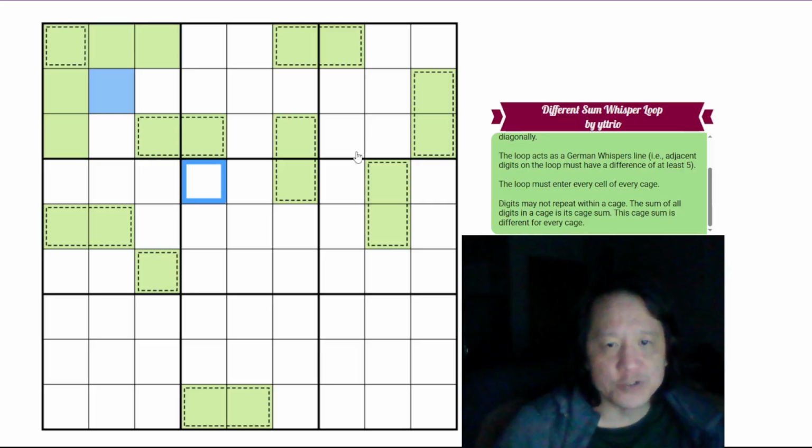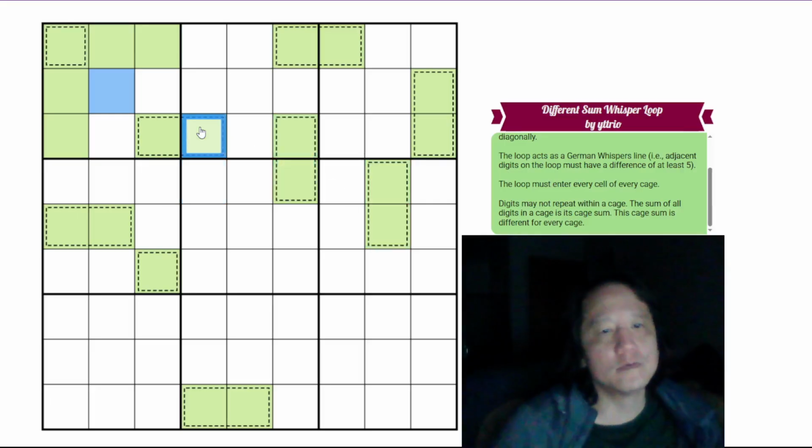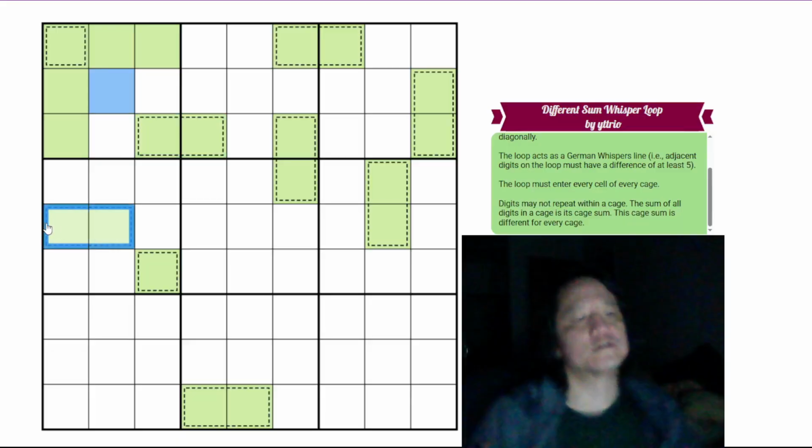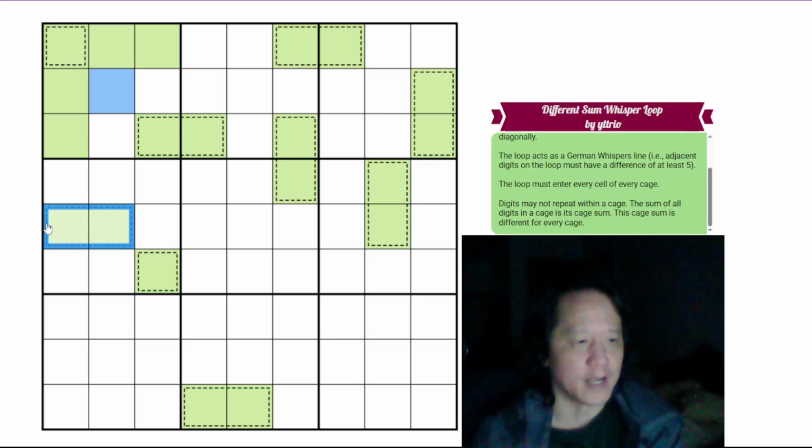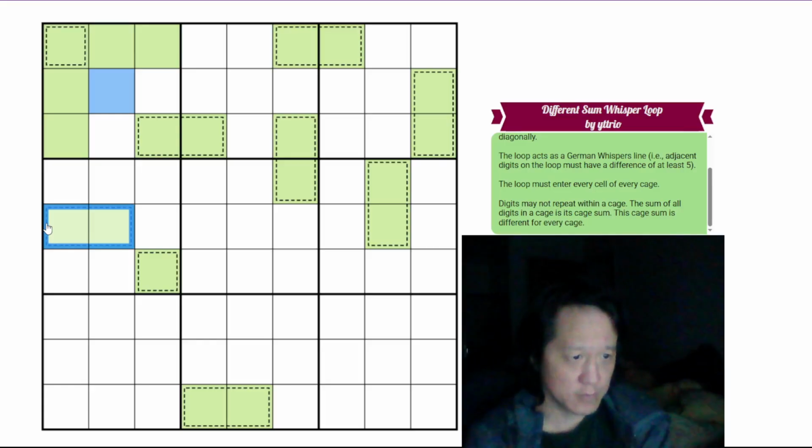So, for sums in the cages, you're going to have one low and one high for the sums. So the low can be as low as 1 and 6, which adds up to 7. And then you can go as high as 4 and 9, which is 13.